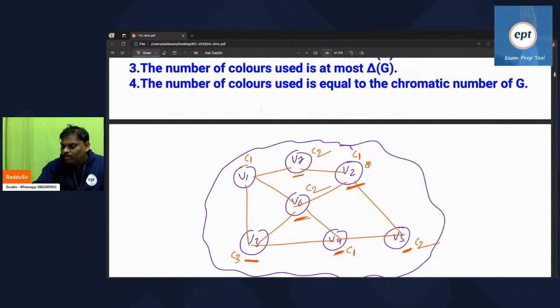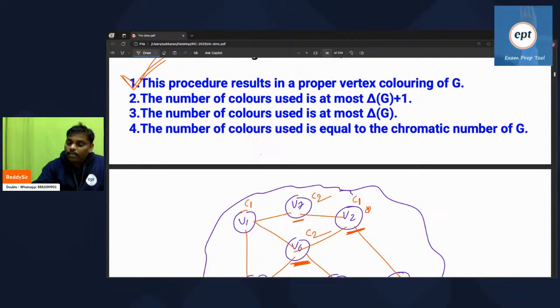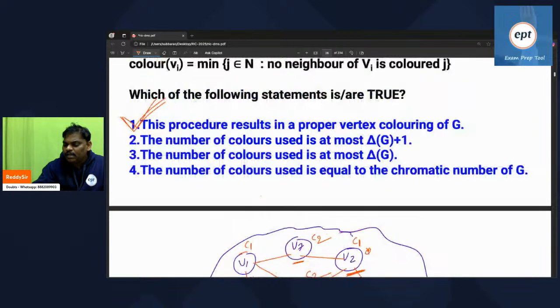Suppose the neighbors are 4, and they have taken C1, C2, C3, C4. You will take C5. So the number of colors used is at most delta G plus 1.